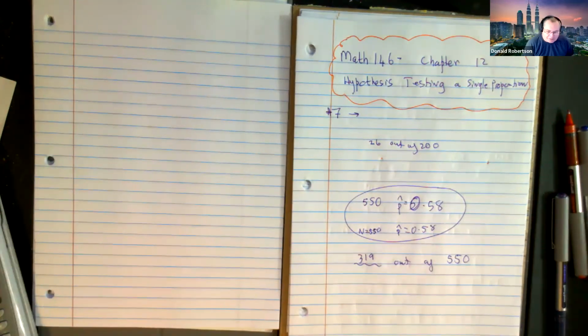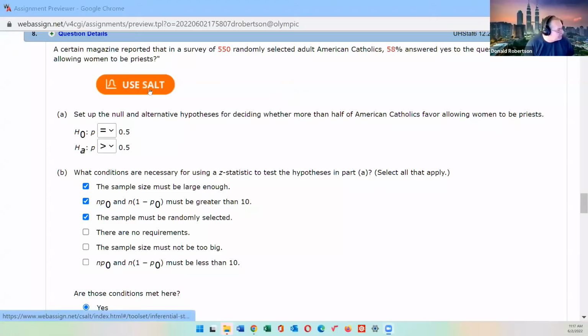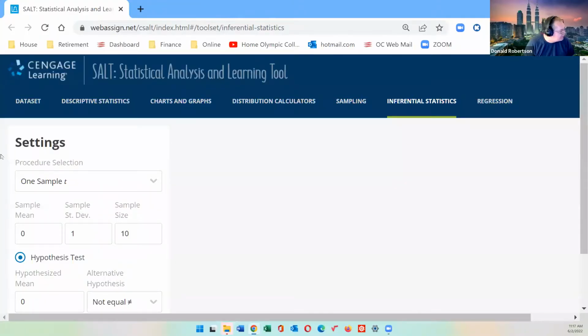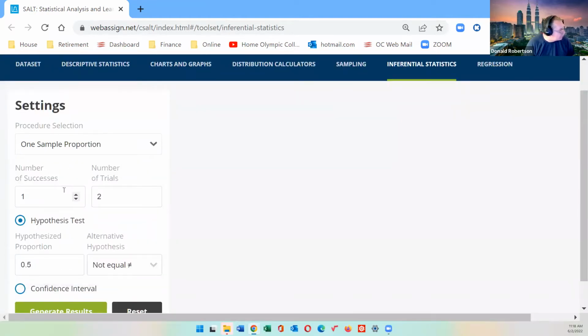So I'm now ready to put all this together and find the test statistic, which is the z-score, and the p-value. So hit this guy, move him over here. Inferential is good. One sample is where we should be.